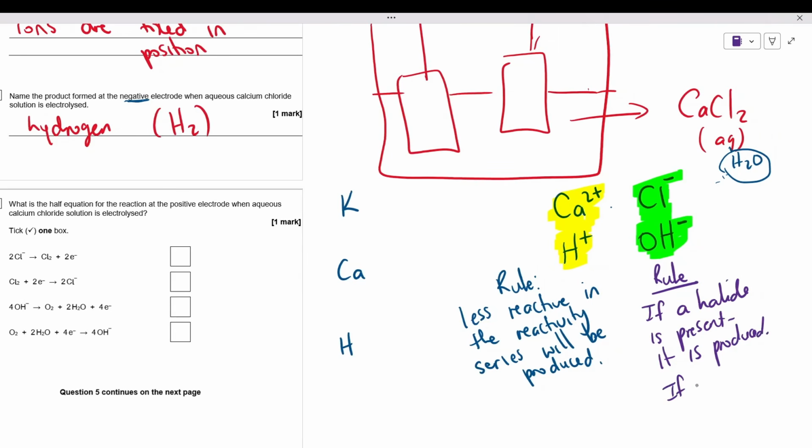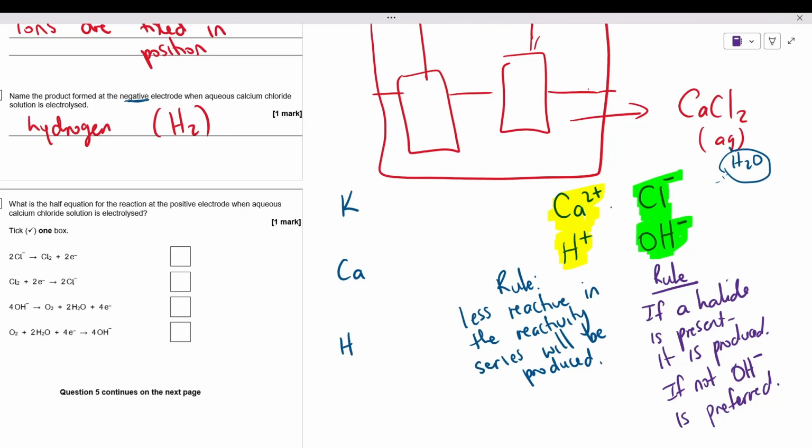If not, OH minus is preferred. That's a simplified rule. So looking at each of those ions at your positive electrode, if you see a halide, so that's your fluoride, chloride, bromide, iodide, if you see any halide, that's preferred.